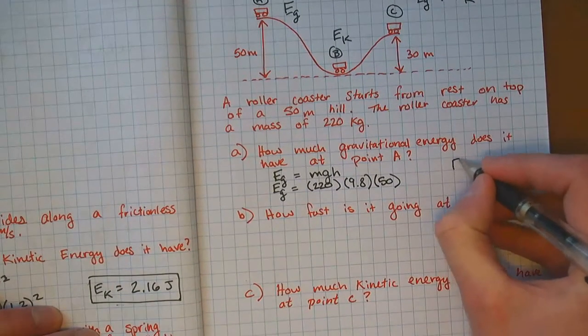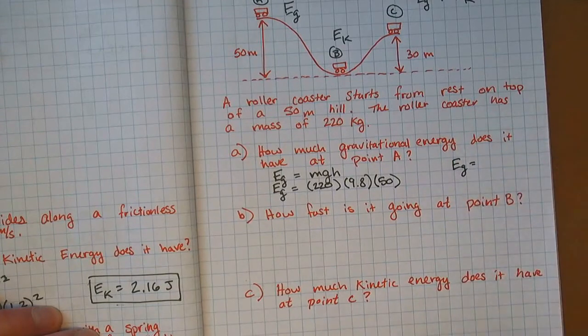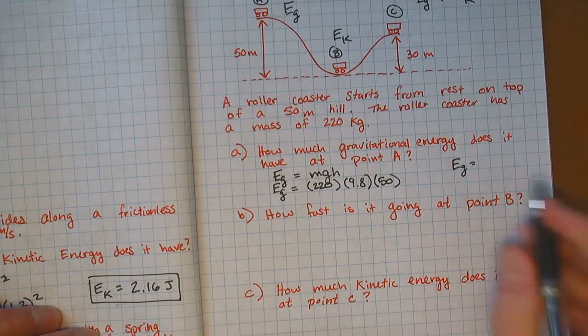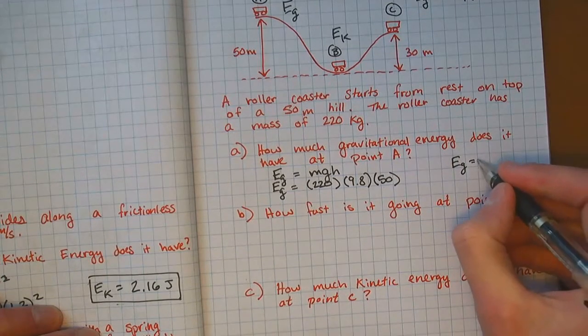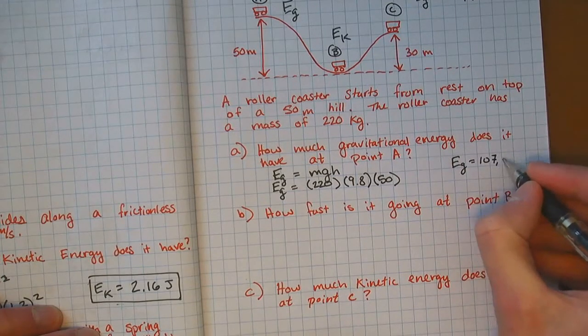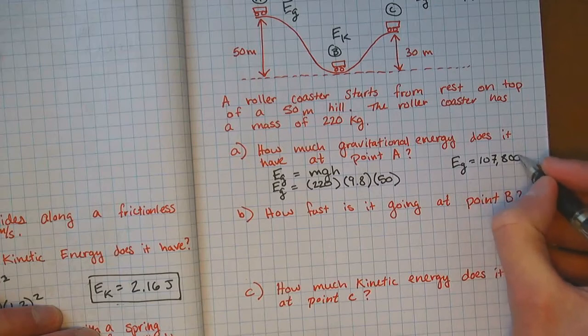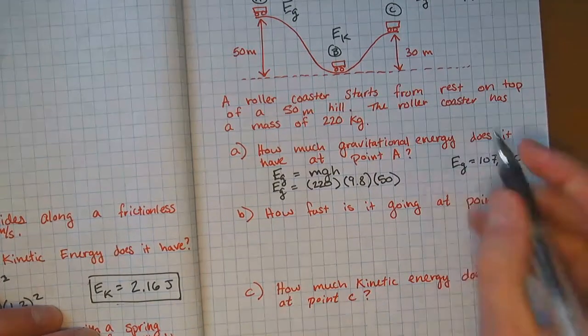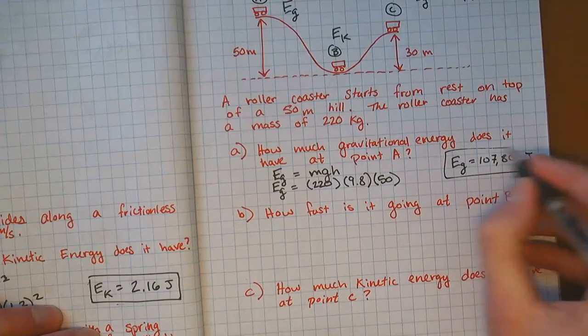So simply multiply those all together: 220 times 9.8 times 50. That's 107,800 joules. That's a lot of joules, but it is a roller coaster, so it makes sense that it's going to have quite a bit.